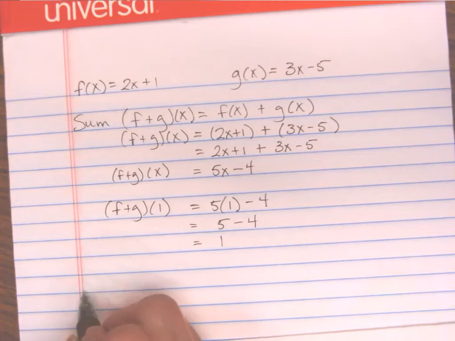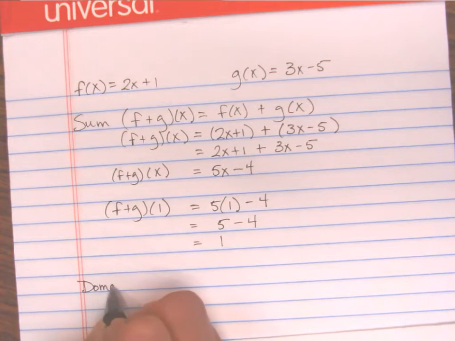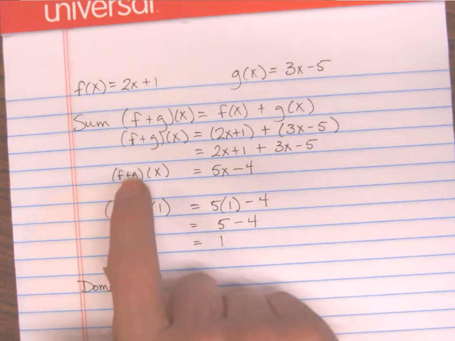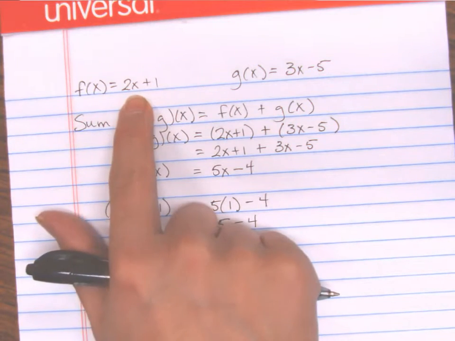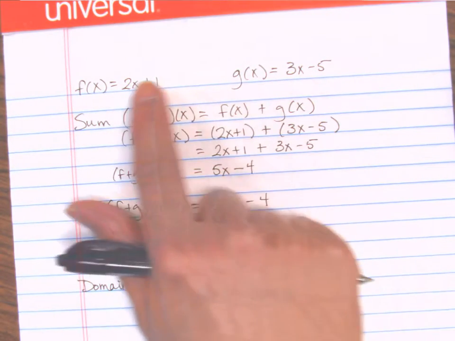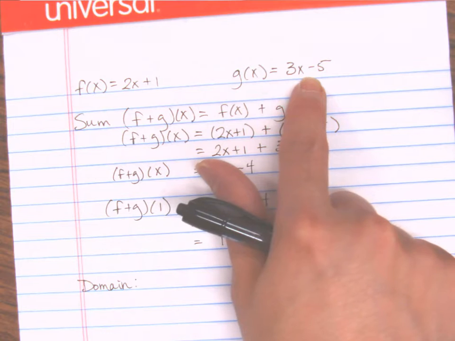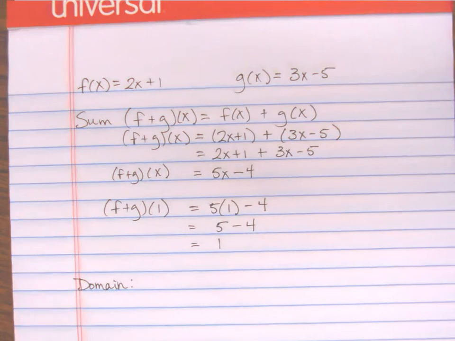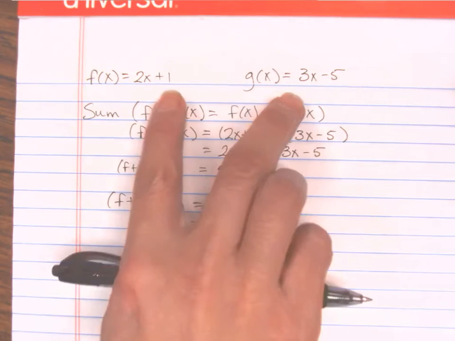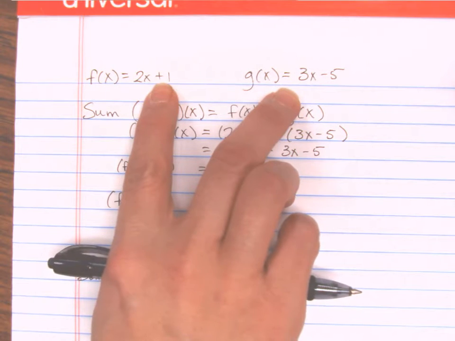Let's also talk about the domain here really quickly. Now, my original two functions were linear. There's nothing I can plug in here that is going to give me something undefined or imaginary. So my domain here for these two is all real numbers.